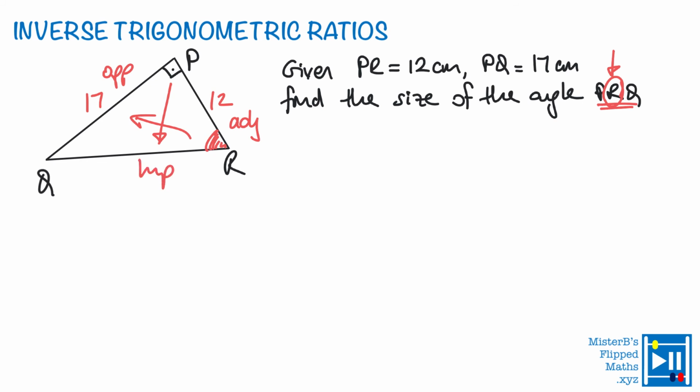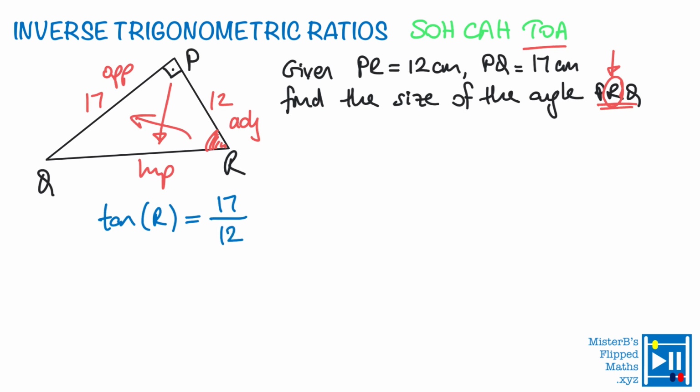So I'm given opposite and adjacent, hence I should be using TOA, meaning tangent. So it's going to be the tangent of this angle R is equal to opposite 17 over adjacent 12. If tangent of R equals 17 over 12, then tangent inverse of 17 over 12 must be equal to the angle R. Now I'm going to calculate it with my calculator.